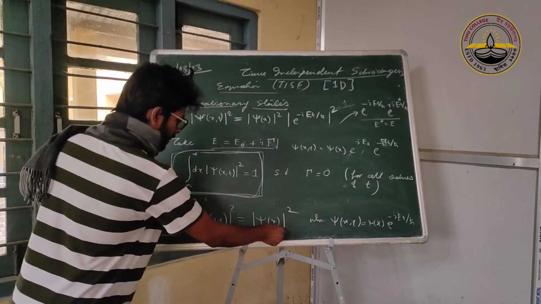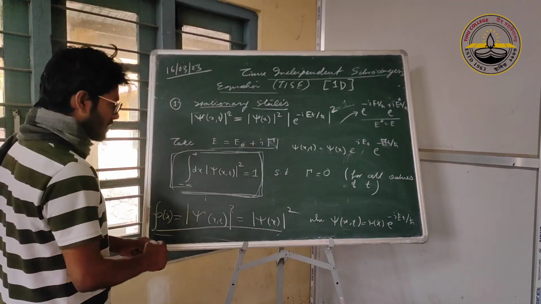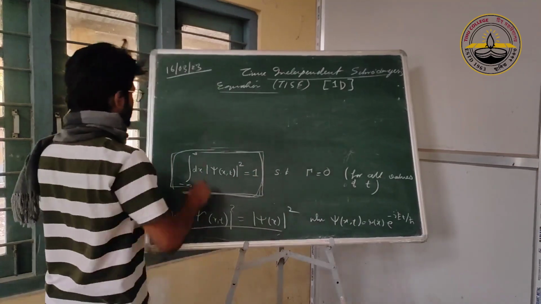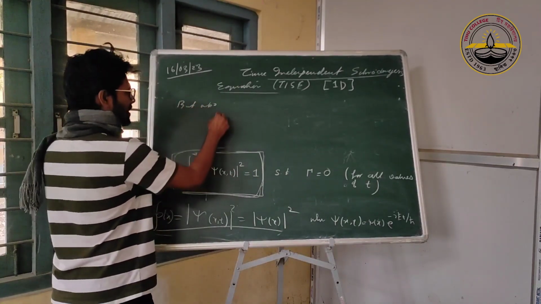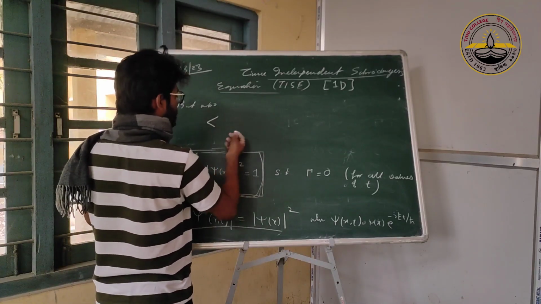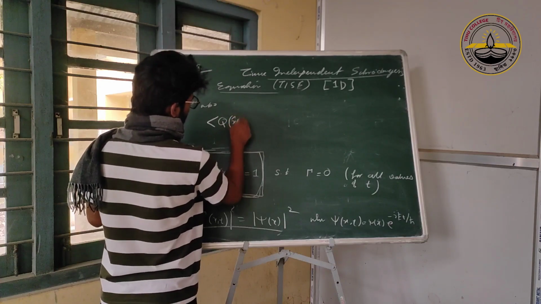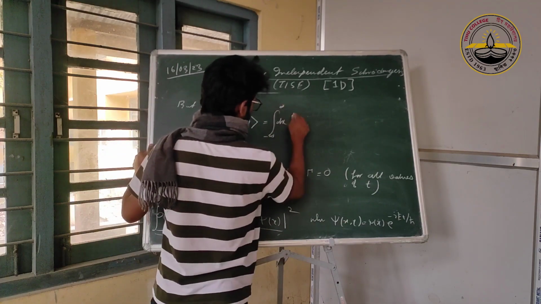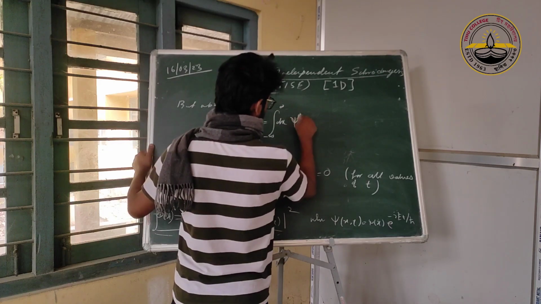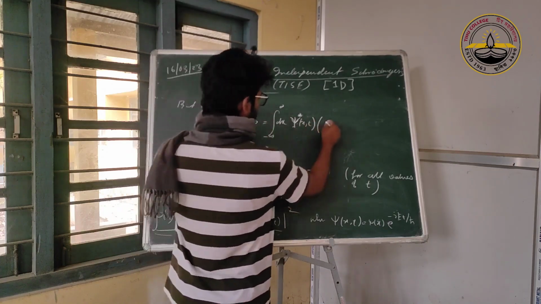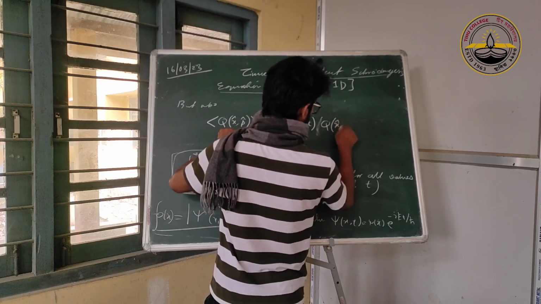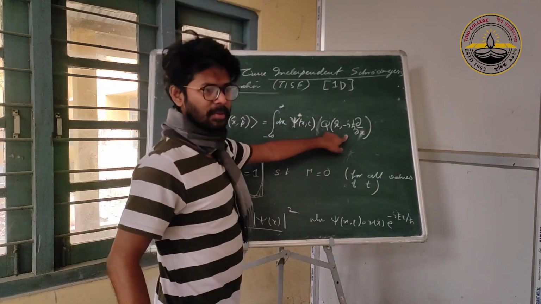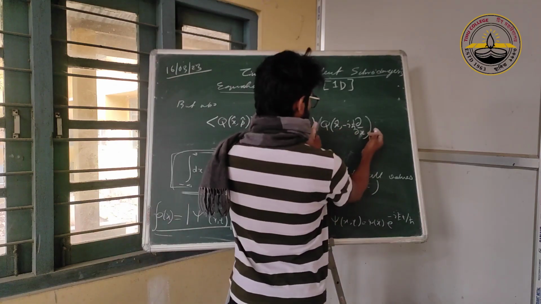And you can also prove that not only the probability density, but also any expectation value does not change. So the expectation value of x, p, or any function Q of x and p, is the integral dx of psi star of x,t, times the operator Q, with the operator of momentum, remember, minus i h cross del x, acting on psi. The function of this is the operator, anything.